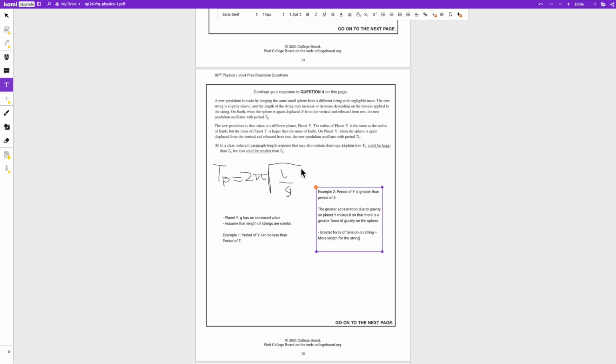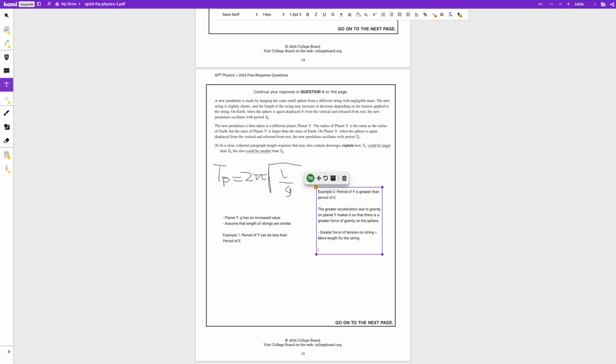And we're going to be arguing that Earth has less of a length. Since we don't know how much greater the gravity is on this new planet, we just know it's greater. So if the gravity is so much greater that the tension is impacted that much, the length of the string is going to increase so much such that this period is going to be greater.